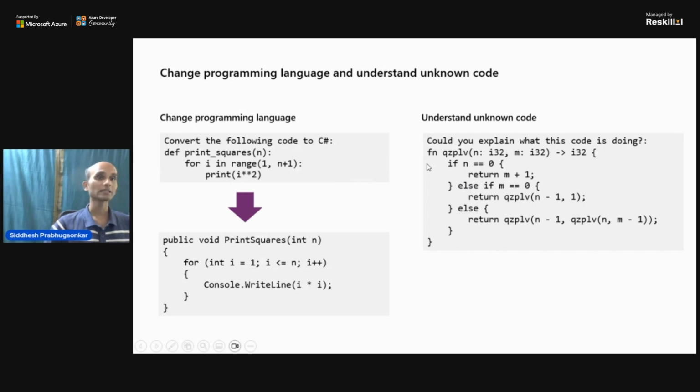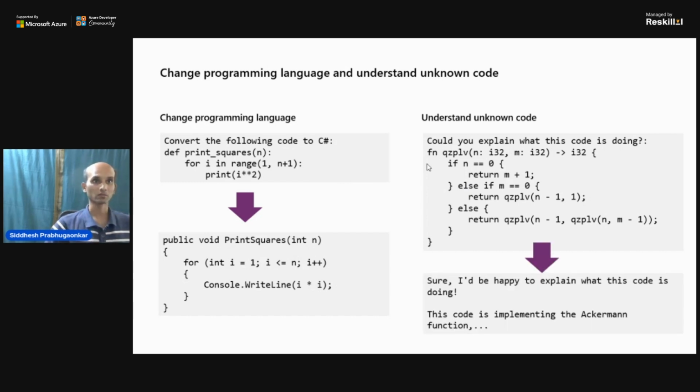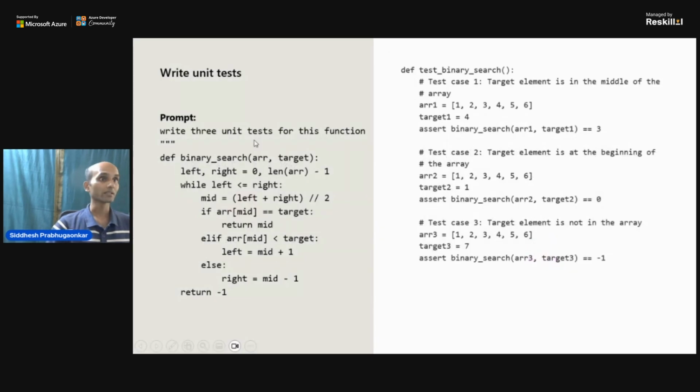Or let's say some existing developer has written code and you are not able to understand it. In that case, you can ask the model to explain the code, and the model will respond with what this code does, and also if it is implementing any algorithm. And also specify any boundary conditions or specific scenarios.